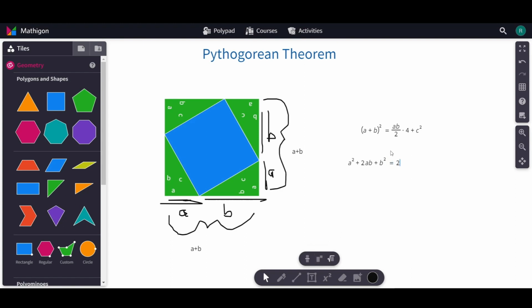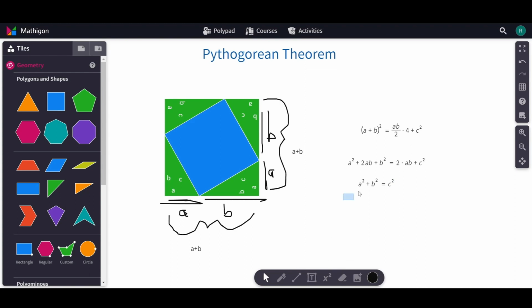So again, we have 2 times AB, plus C squared. So we can see that we have 2AB on both the left and the right side. So they cancel each other, and we end up with A squared plus B squared equals C squared.